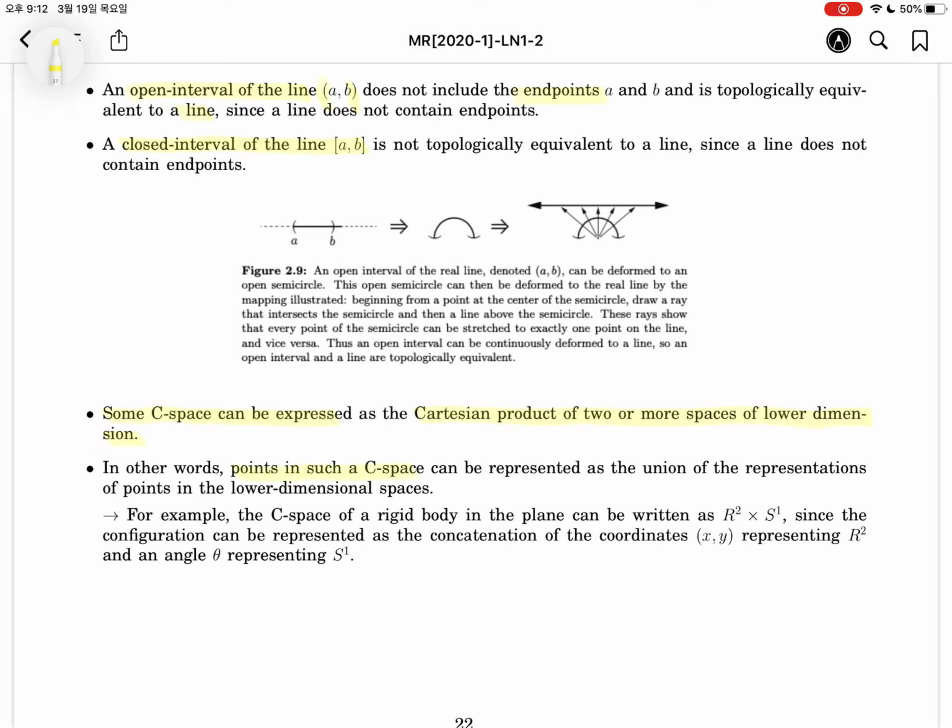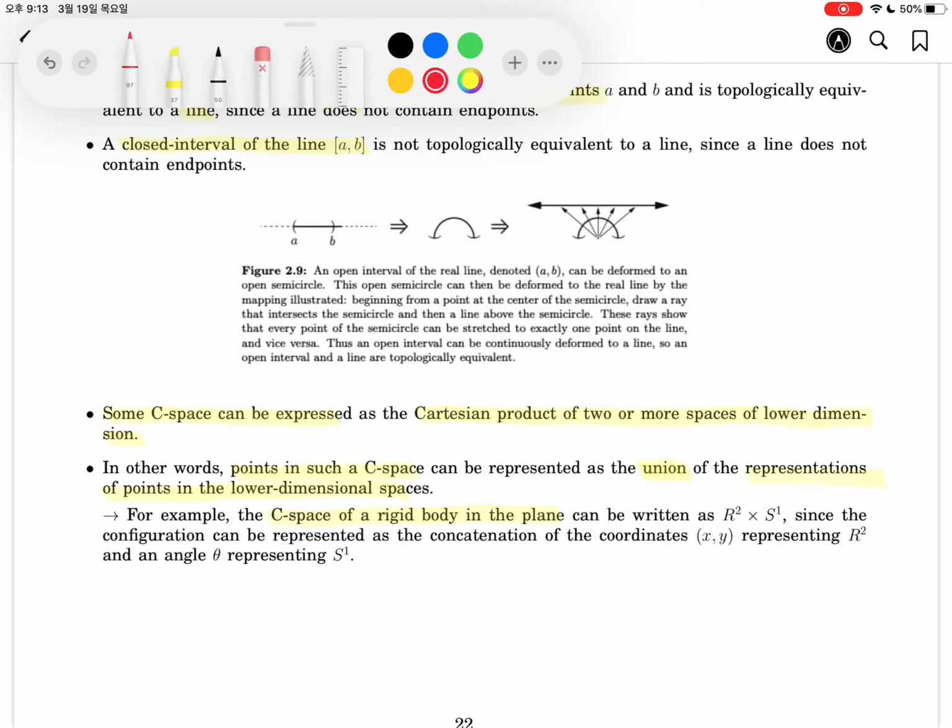So it means the point in such a space can be represented as a union of the representation of the point in the low dimensional space. Okay, let's take the example: the C space of the rigid body in the plane.